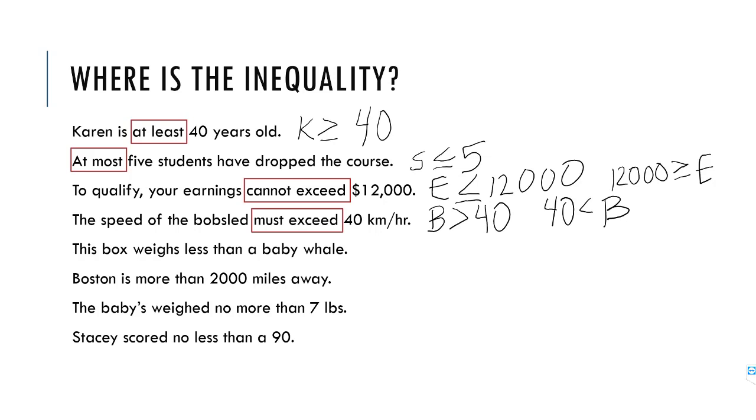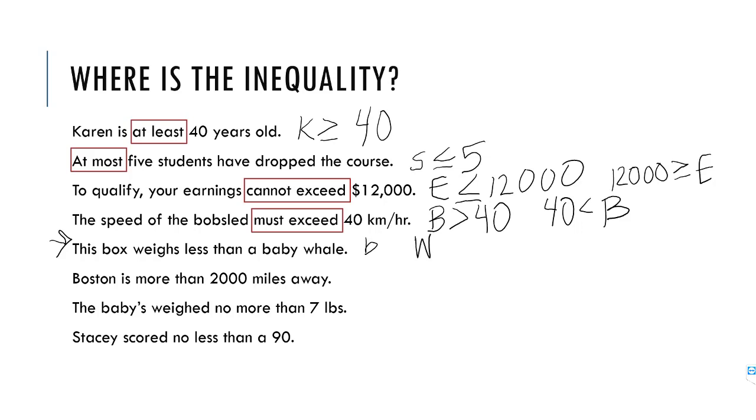Let's look at the box that weighs less than a baby whale. This is an interesting one because there are two variables and no numbers. What we're comparing is a box to a baby whale. I imagine this box weighs less than a baby whale. Must be a big box. So let's use a small b for box and a capital W for whale.